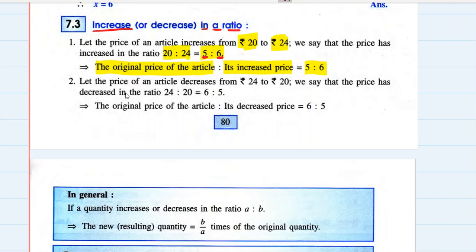Now let the price of an article decrease from rupees 24 to 20. We say that the price has decreased in the ratio 24 is to 20, that is 6 is to 5. So original price is to its decreased price is 6 is to 5. So always remember, when you have to find a decrease in a ratio, the original part will be greater, and the final part will be smaller.